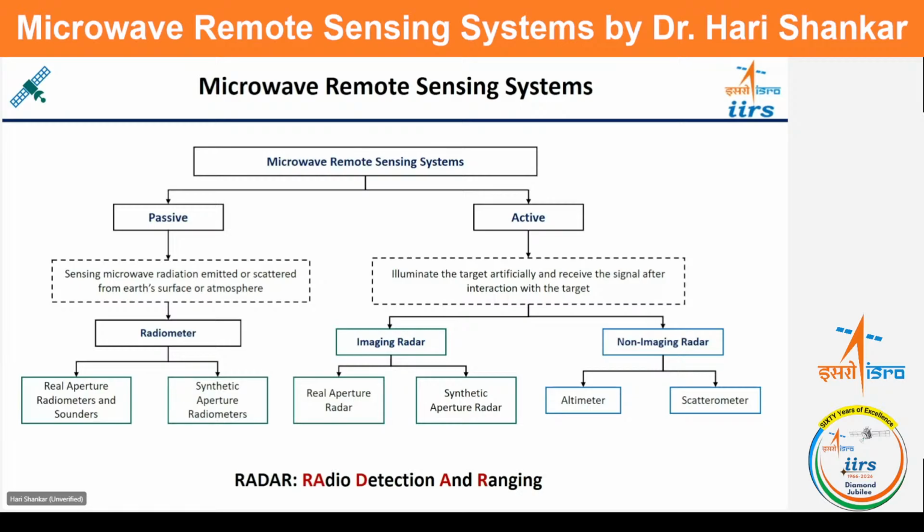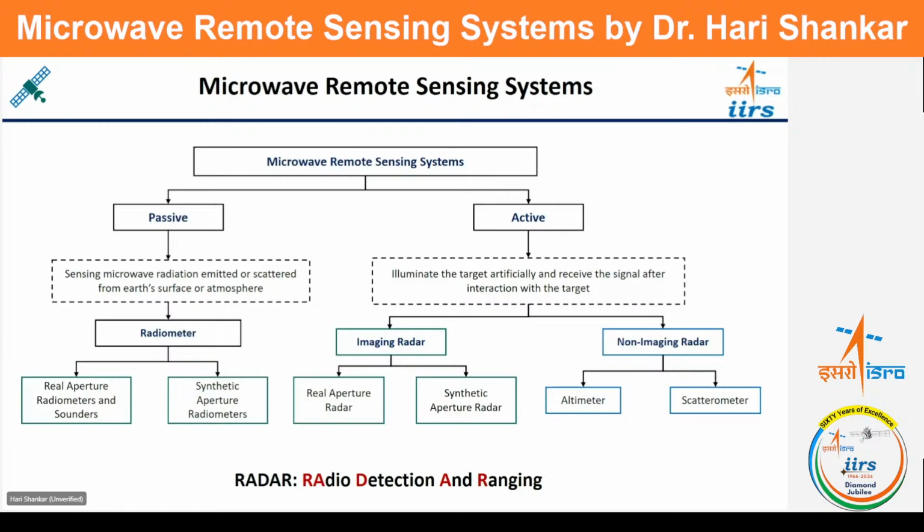And the second thing is, if you particularly focus on active microwave remote sensing, it means they have their own source of energy, so they are not depending on sun illumination. It means they can work in the night time also, in the daytime also. So it is independent of the sun. If somebody wants to acquire the data set in the night time, they can acquire it from active microwave remote sensing systems.